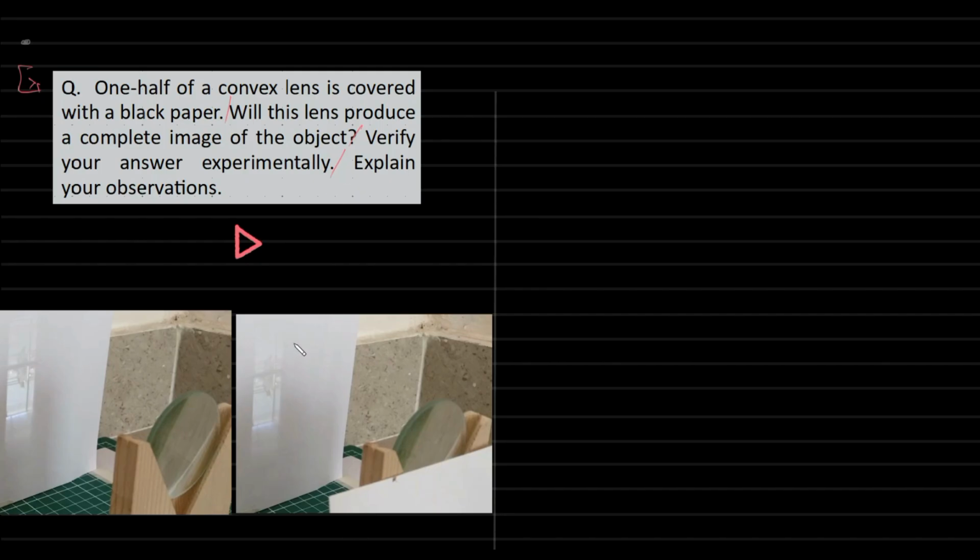So think about it. If we take a lens and cover half of it, what might happen? Think logically. I'll give you guys a clue. If you take any object, the light from any given point will go in pretty much all possible directions.